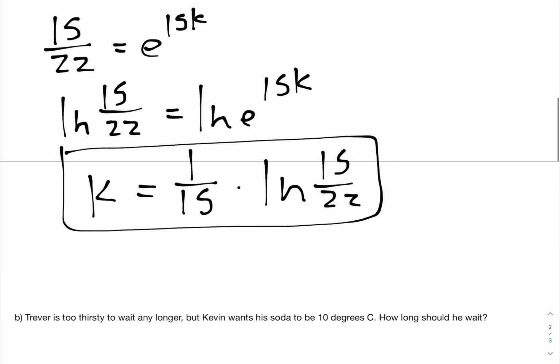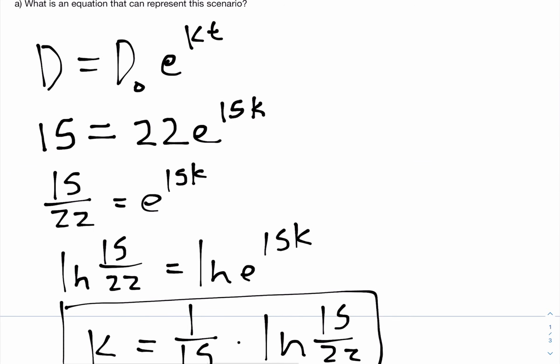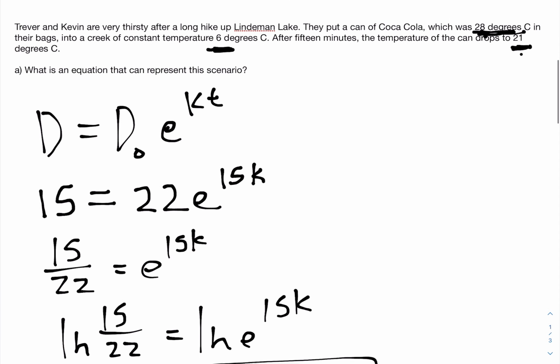And if you wanted to find an equation for the temperature, you know that T equals your initial temperature, or sorry, it's actually going to be your initial difference, times e to the power of kt. Well, what is our k?